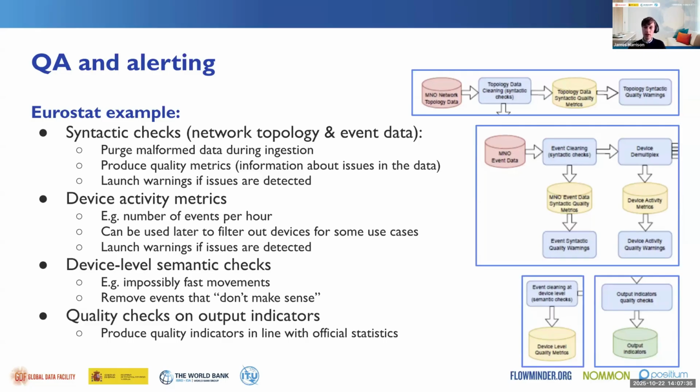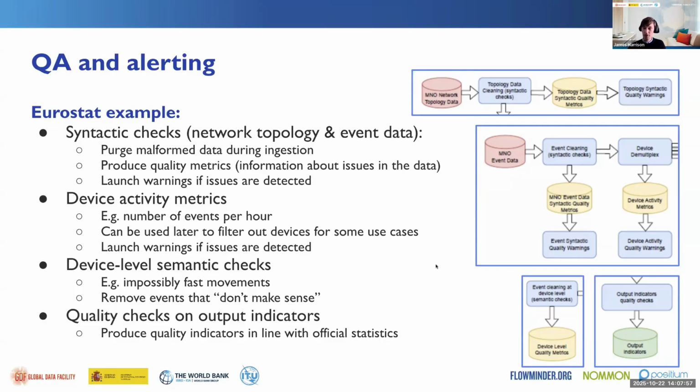Also, in the case of the event data, we're calculating device activity metrics. So this can be things like the number of events that a device had in a particular hour. And we can use these later, for example, to filter out devices that have too few events.